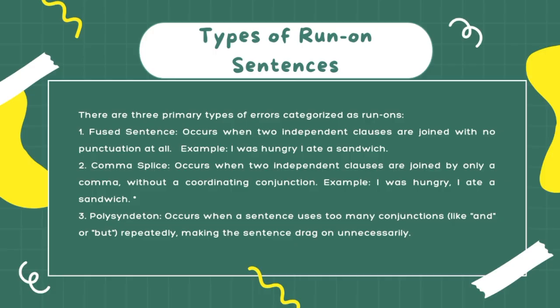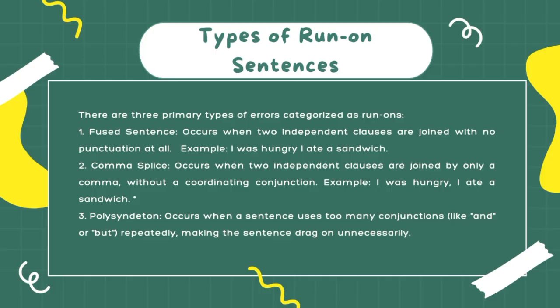Types of run-on sentences. There are three primary types of errors categorized as run-ons. First, a fused sentence occurs when two independent clauses are joined with no punctuation at all. Example: "I was hungry I ate a sandwich."